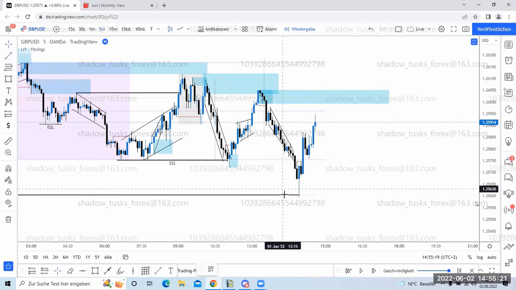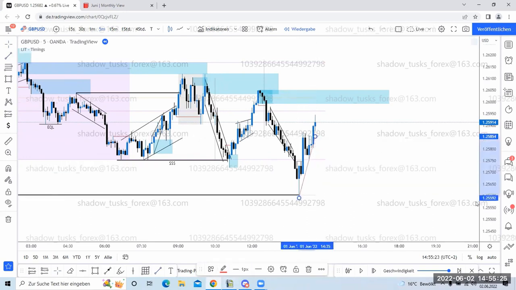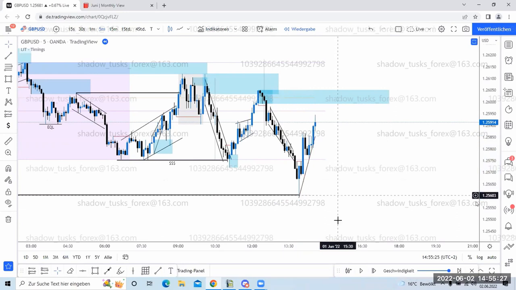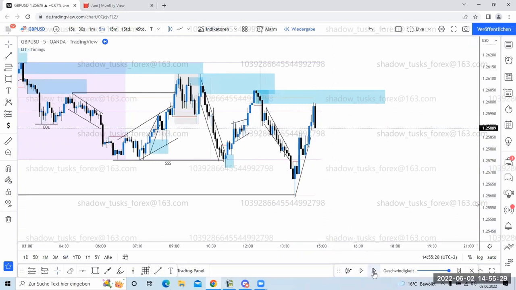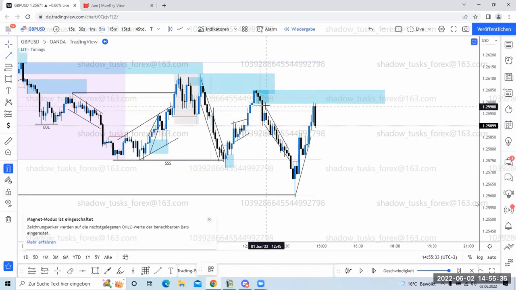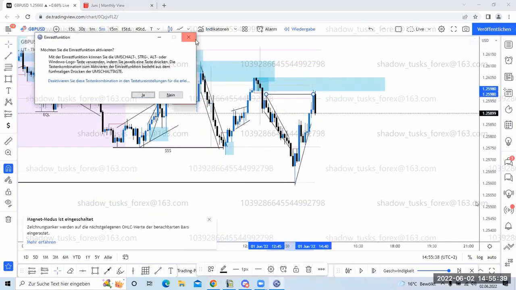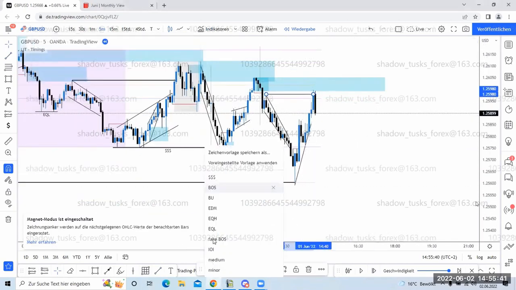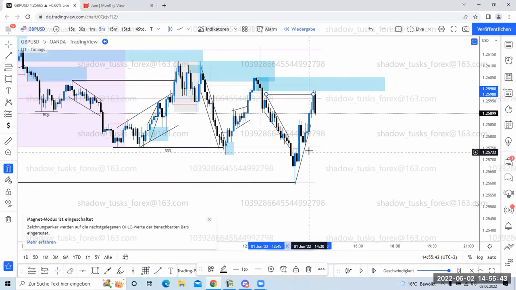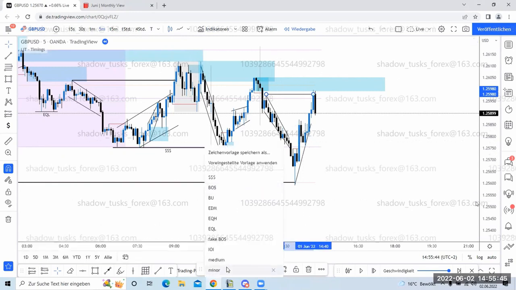New build-up. New people are entering here. There you go. Here it took people out first of all. So what can we do? Just go to the 1 minute because we had inducement, build-up, mitigation, right? Second here.